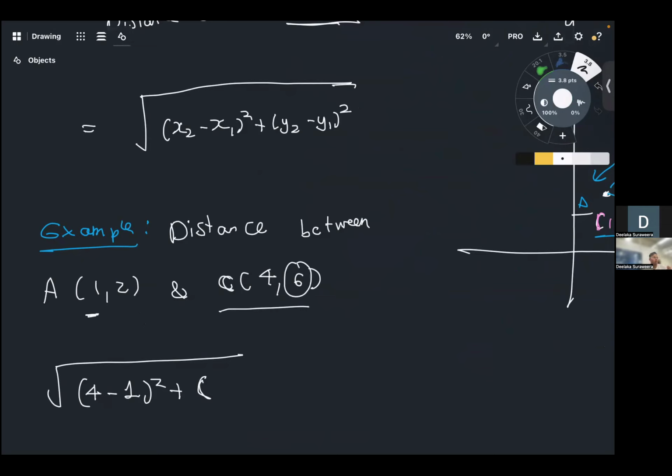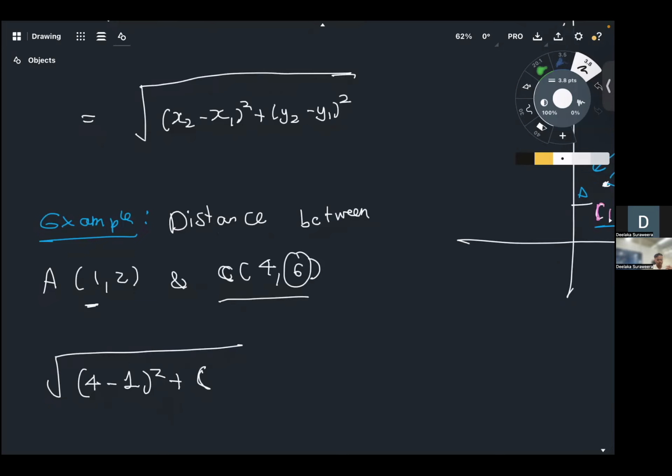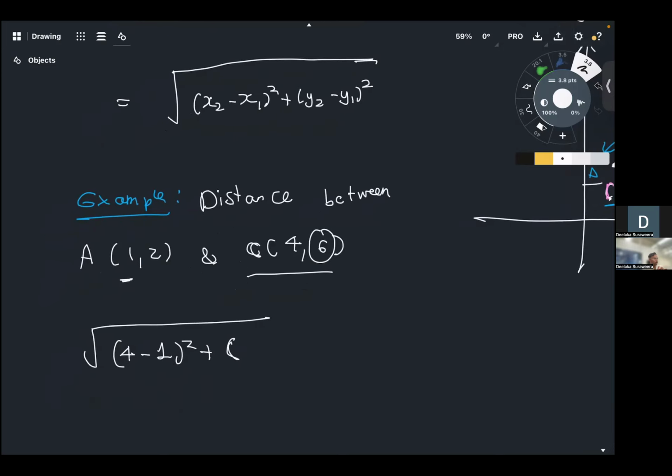Make sense? I know I put you on the spot, but it's all right. We're learning here. The reason I'm doing that is because x1, y1, x2, y2 might be a little confusing for you guys, and it's fine to be confused. This is the first time you're learning with this type. Do you understand what x1, y1, x2, y2 means?